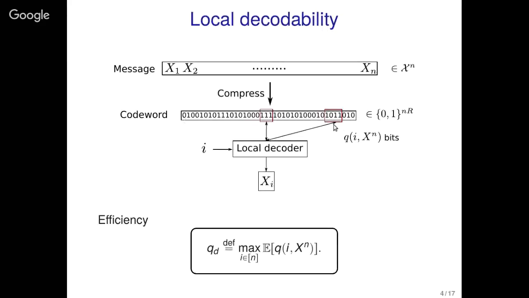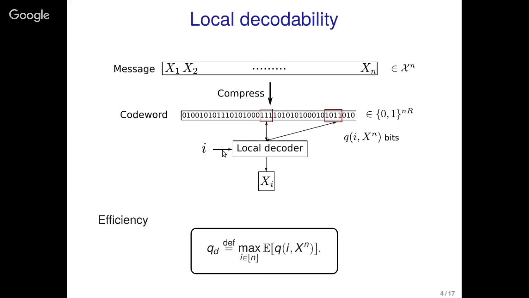The goal of local decoding is to recover individual symbols x1, x2, until xn as efficiently as possible. In other words, a local decoder is an algorithm which takes as input i between 1 and n, and with this as input, it probes a very small number of bits and outputs xi.